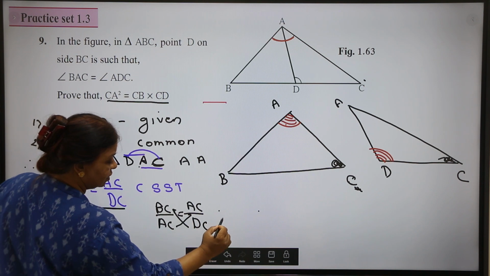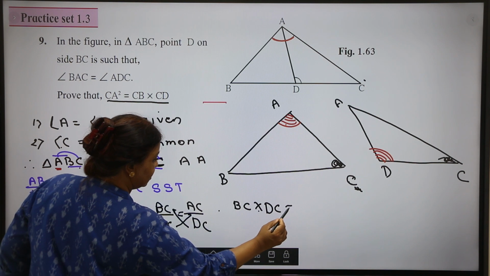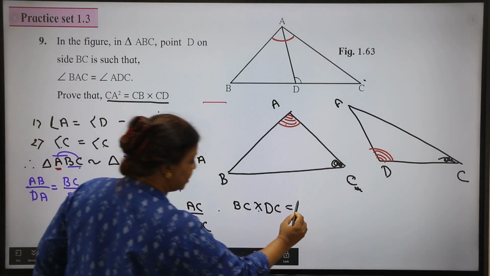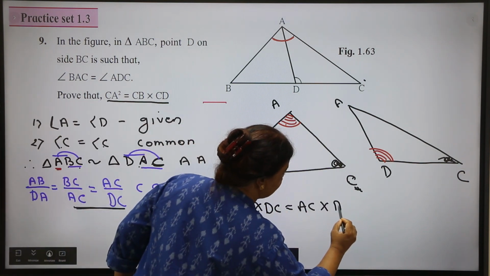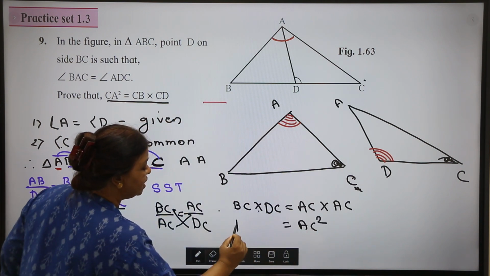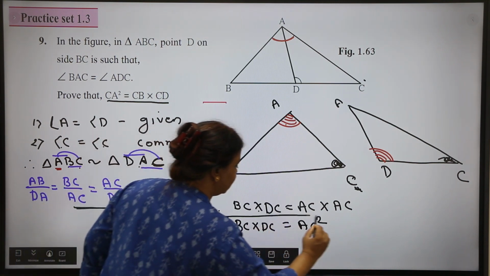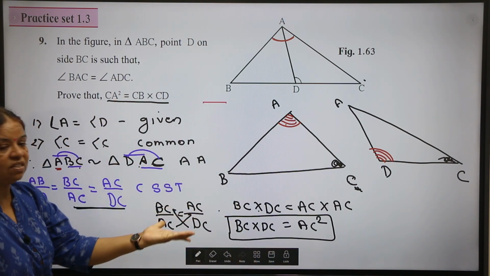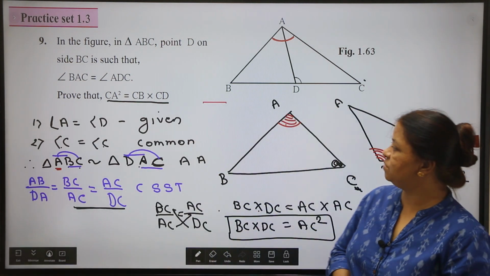BC into DC is equal to AC into AC. AC into AC will be AC square, which is equal to BC into DC. Hence proved, children. This is what we wanted to prove. See, either you say CA square or AC square is one and the same thing. So hence proved. You can pause and solve the sum, children.